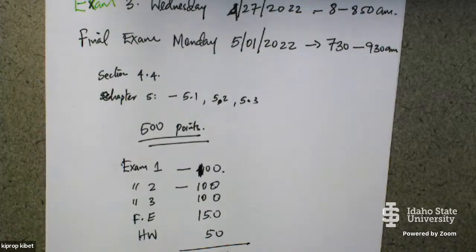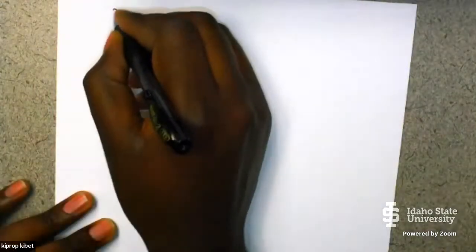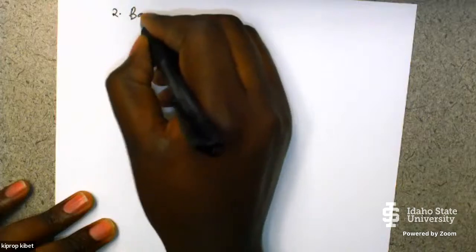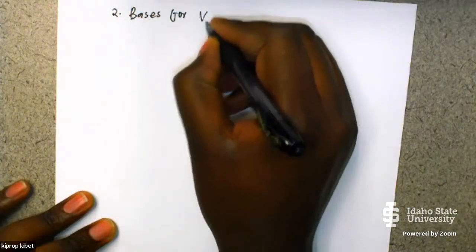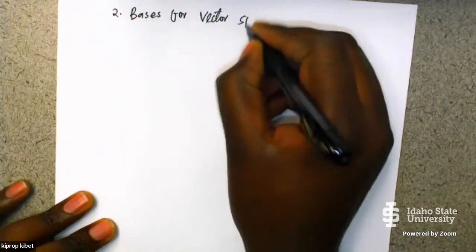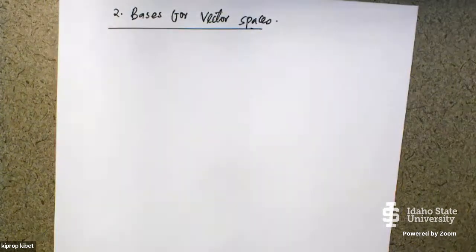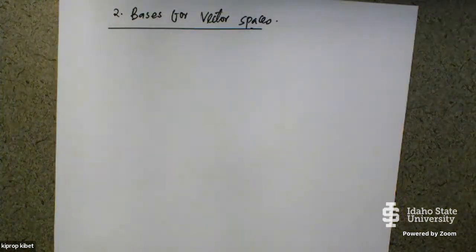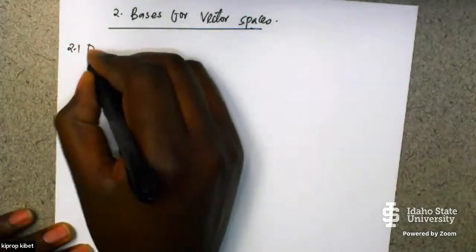Good. Okay, let's continue from where we left, and we are looking at the basis for vector spaces. We'll start from definition 2.1.